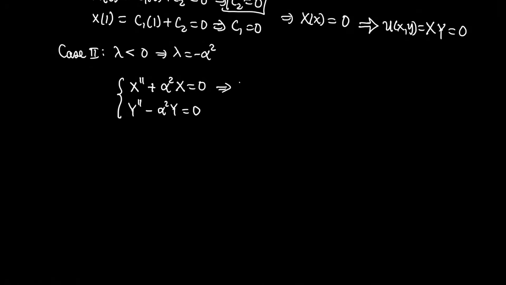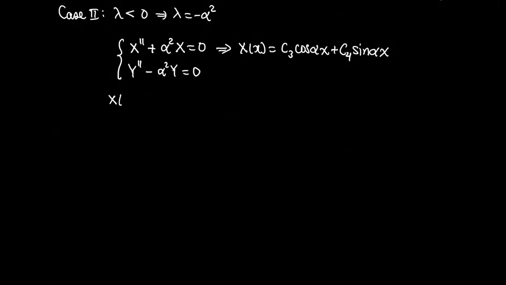The solution is x equals c3 cos alpha x plus c4 sine of alpha x. Use x(0) equals 0 to find the constants c3 and c4.